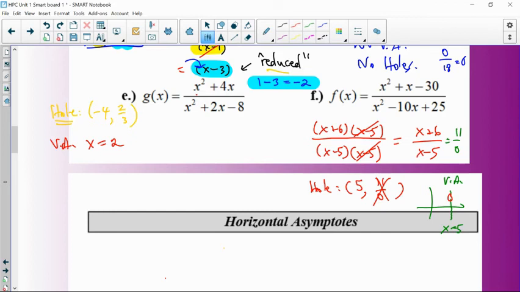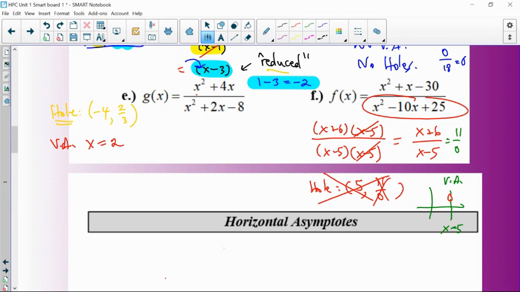Well, a hole on a vertical asymptote doesn't really make sense. So it's like the vertical asymptote sort of trumps or takes over the characteristic. There's no longer a hole. So every once in a while, and you take a look, that's because we had a repeated root here of x minus 5. Oh, sorry. There's the bell.